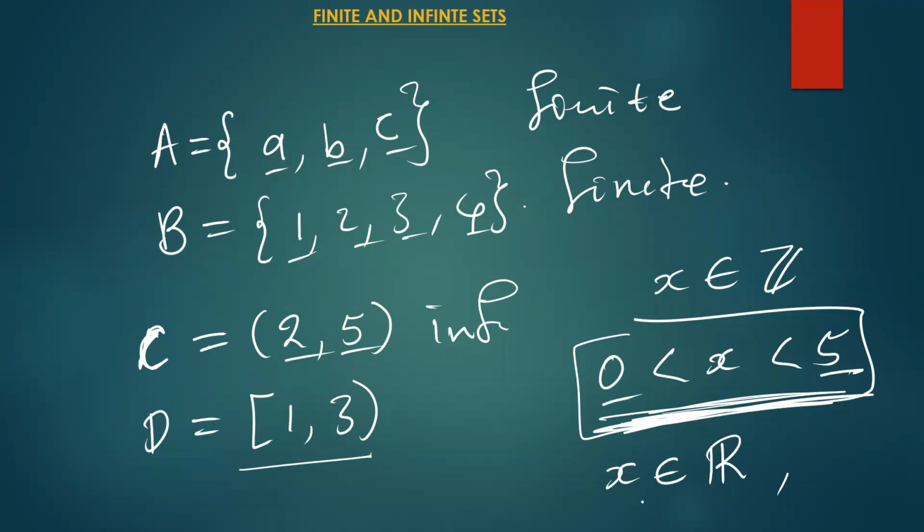But if we say x is a member of real numbers, it means that we can't count the number of elements, or the number of numbers, that are between 0 and 5. So I'm going to explain everything when we begin to look at intervals. And the reason why we can't count the numbers there, I'll explain everything. Okay, so let's quickly continue.